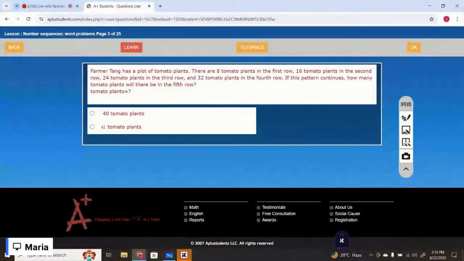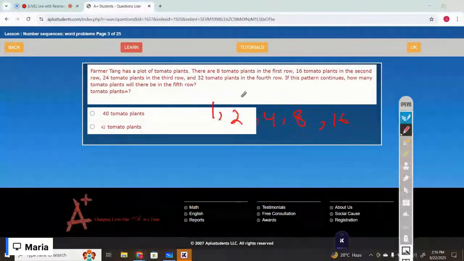Farmer Tank has a plot of tomato plants. There are 8 tomato plants in the first row, 16 tomato plants in the second row, 24 tomato plants in the third, and 32 tomato plants in the fourth row.